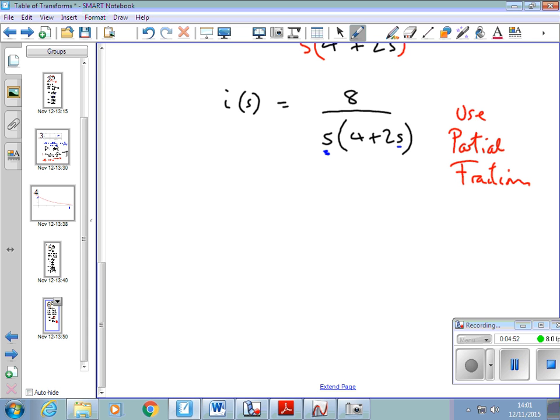We take our 8 over S brackets 4 plus 2S and we separate it out and say it's equivalent to some number over S plus some other number over 4 plus 2S.